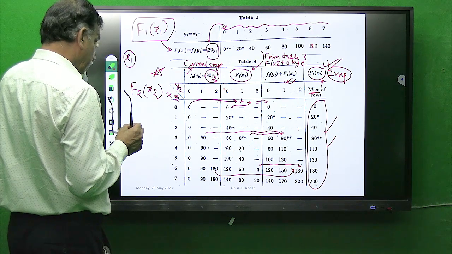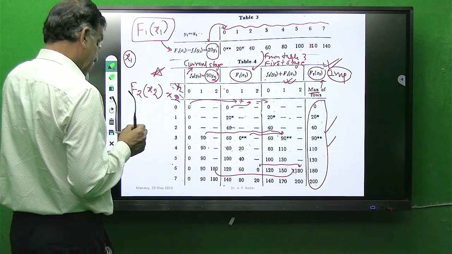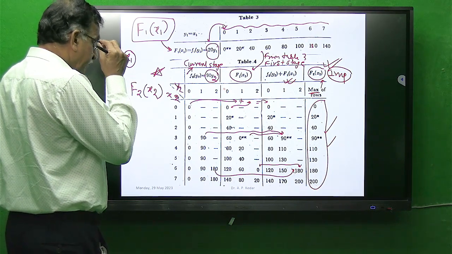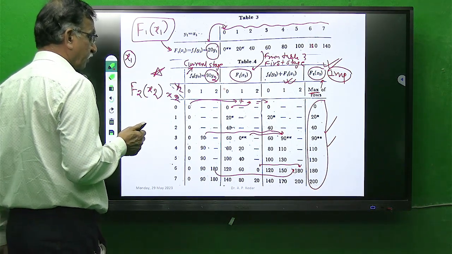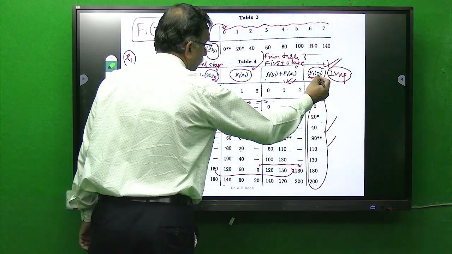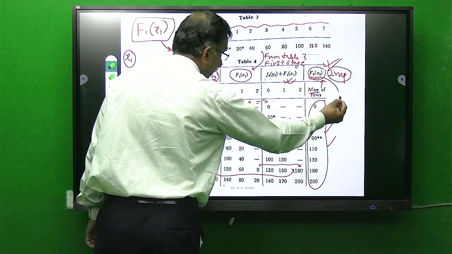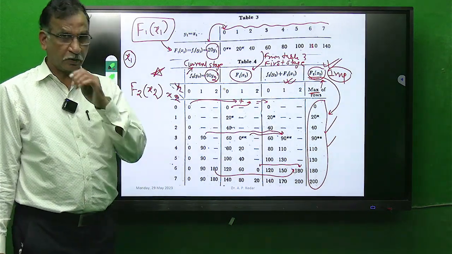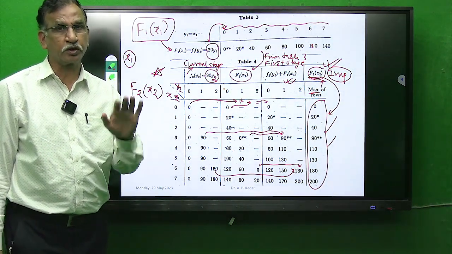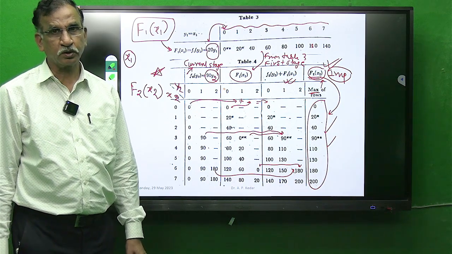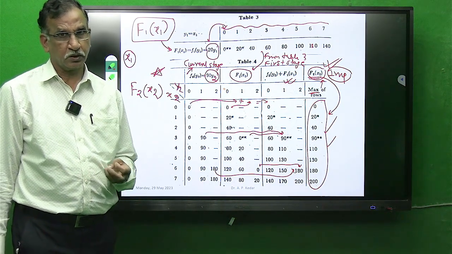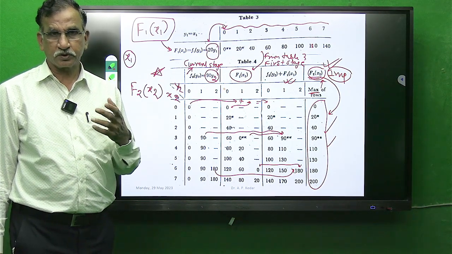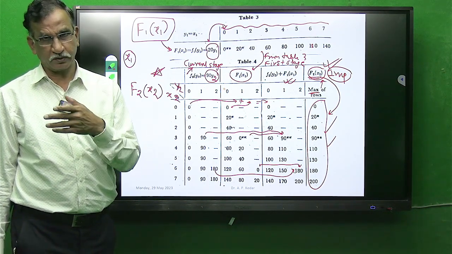Now we are ready with the solution of the second stage, and the second stage solution is the maximum of rows, that gives you the final values of f2 x2. Now we have solved about 2/3 of the problem. Why am I saying 2/3? It was in 3 stages. So if you give equal weightage to the stages, the first stage is 1/3, the second stage is 2/3, the third is 3/3, the complete problem.